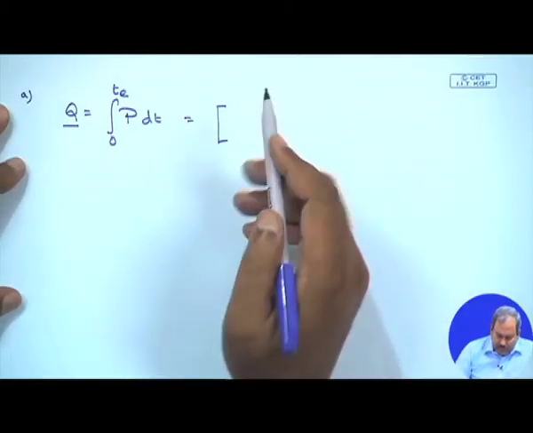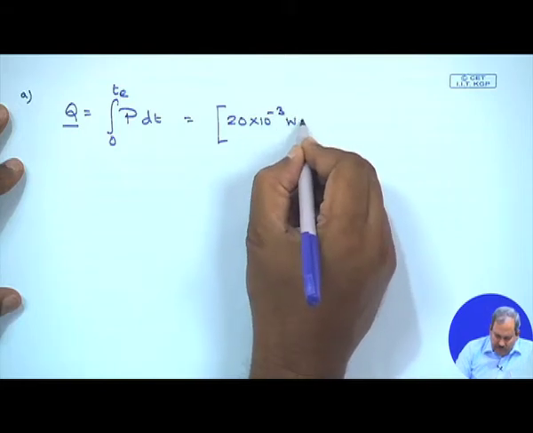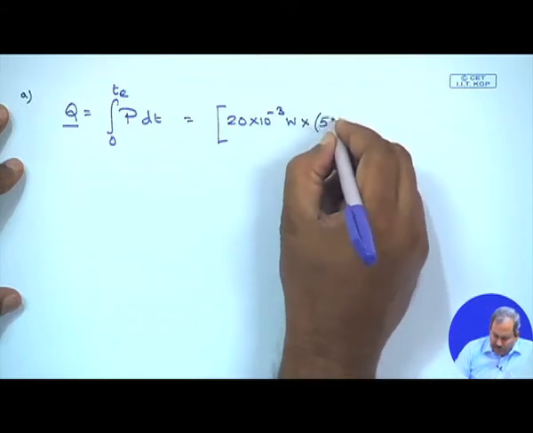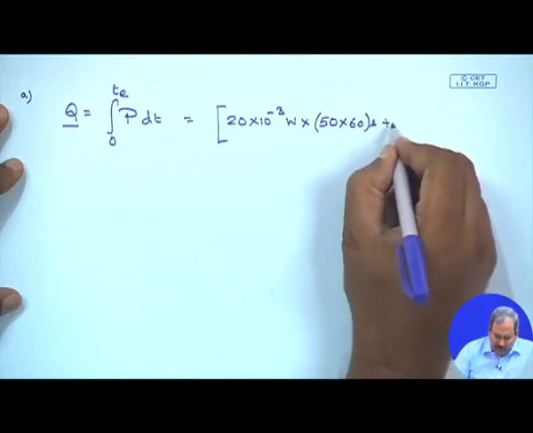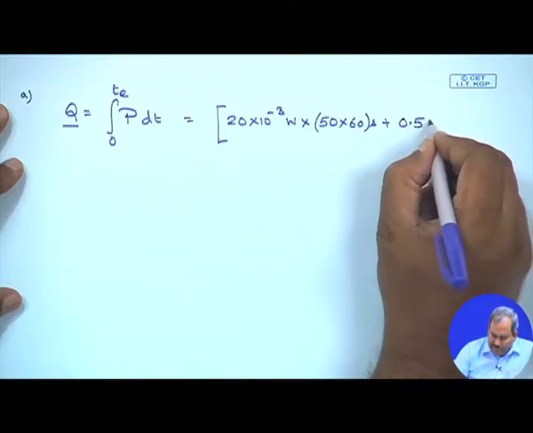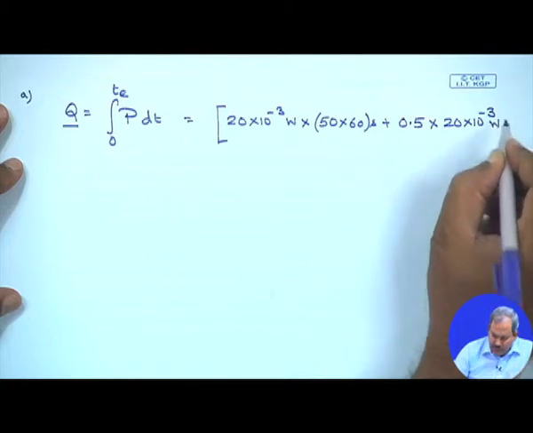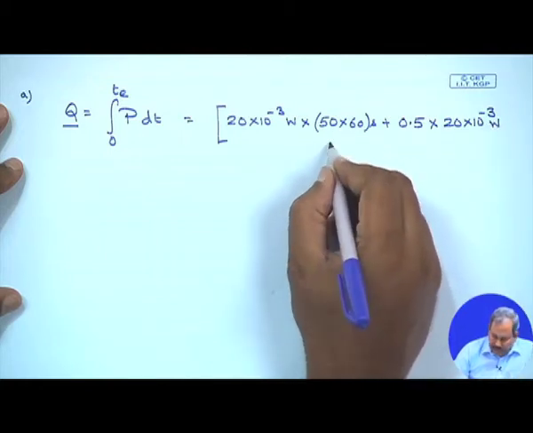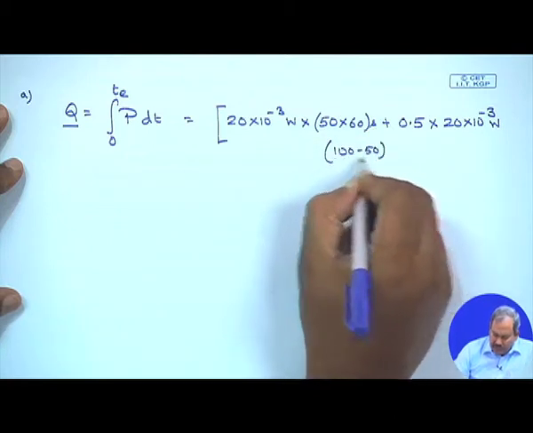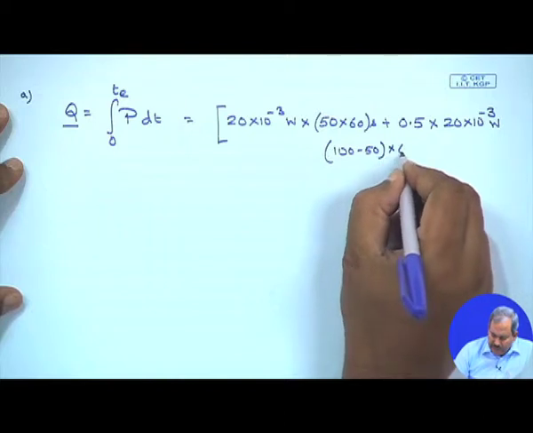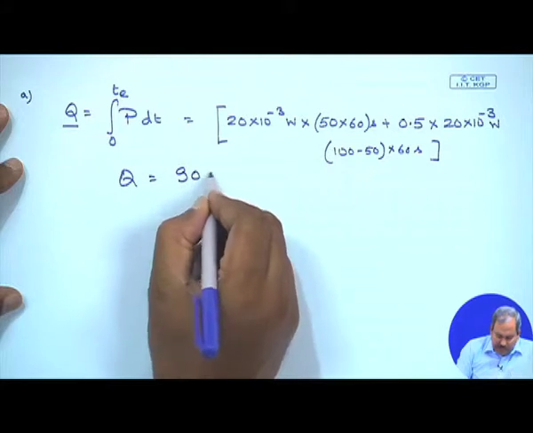I am going to do here 20 into 10 to the power minus 3, this is in watts, and this takes place for 50 minutes, so 50 into 60 seconds. This is the area of the rectangle, plus 0.5 times 20 into 10 to the power minus 3 watt, and the base is 100 minus 50 minutes into 60 seconds. So, your Q would turn out to be 90 joule.